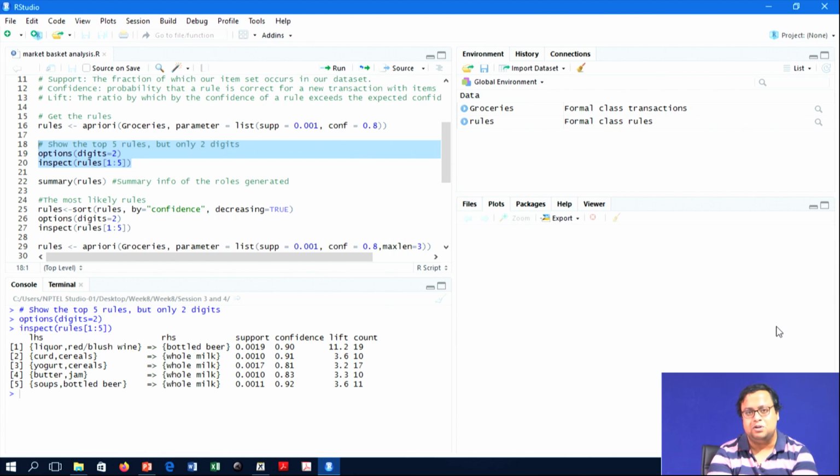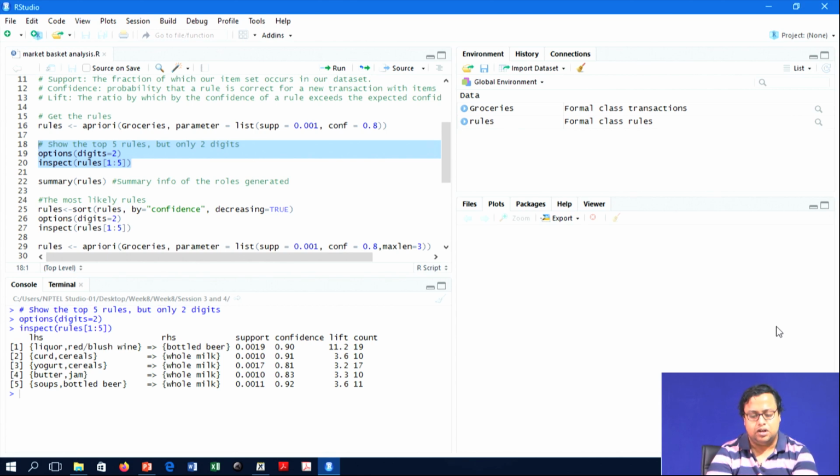I have shown you 2500 times out of around 10,000 times. That means almost 40% of the times people anyway buy whole milk. So, given that this occurs, the percentage is 0.91, that is not very high. The lift is 3.6.